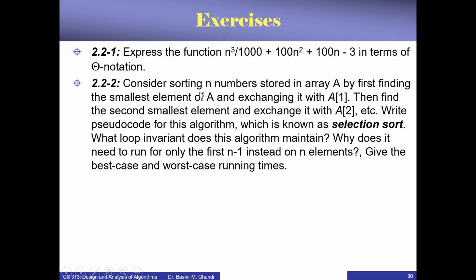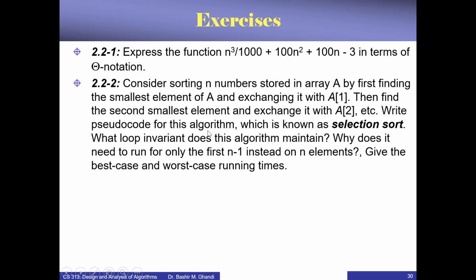It says consider sorting n numbers stored in an array A by first finding the smallest element of A and then exchanging it with element number 1. Then find the second smallest element and exchange it with the second element, and so on and so forth.